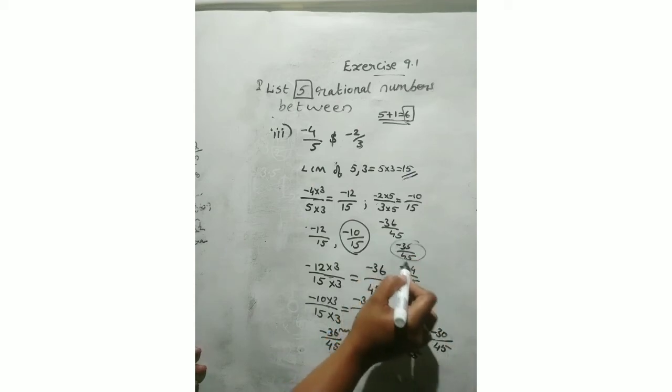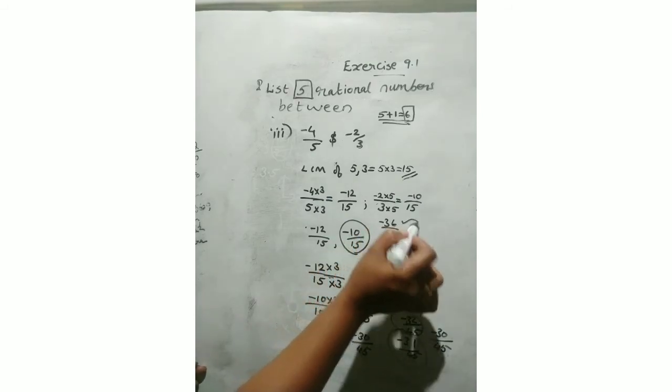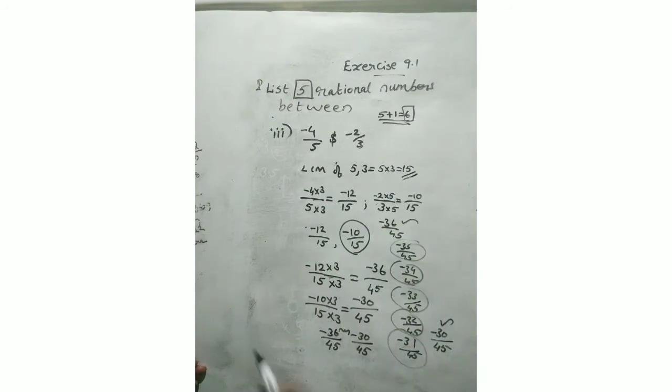So, 1, 2, 3, 4, 5. Now we got 5 rational numbers between our new rational numbers.